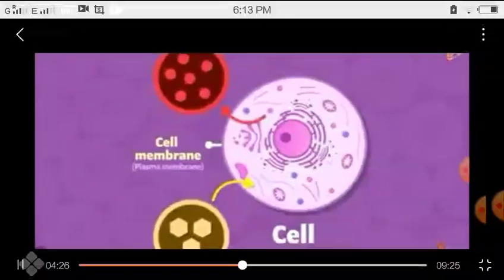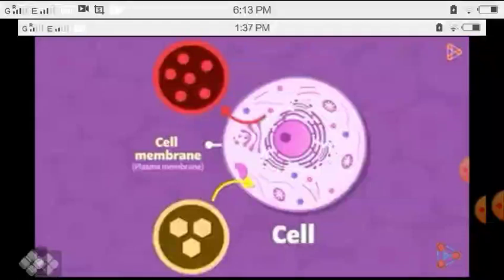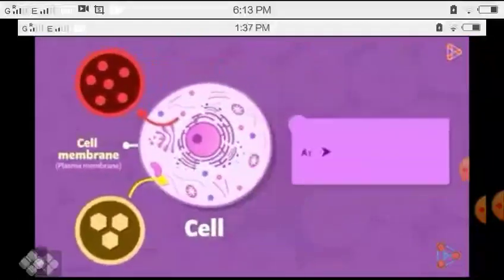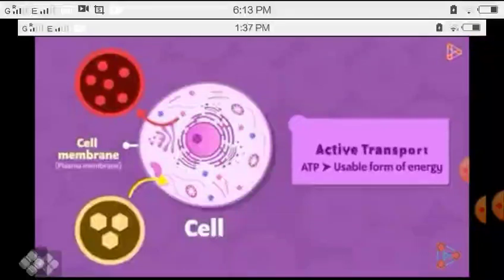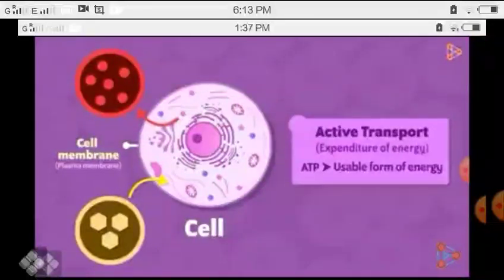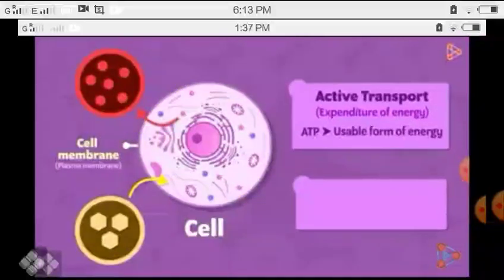This requires energy to be spent. The energy used is in the form of ATP molecules. This is called active transport. That is, active transport requires expenditure of energy. The transportation is carried out by protein molecules present on the cell membrane. On the other hand, diffusion does not require energy.